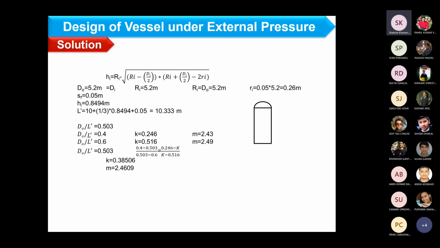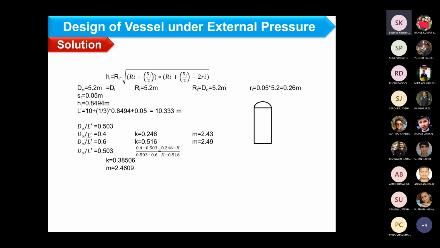Okay, so the point is, you already know, when we are considering any external pressure design, the first thing is we need to calculate the thickness for elastic condition, and then we will check the plastic condition based on that.